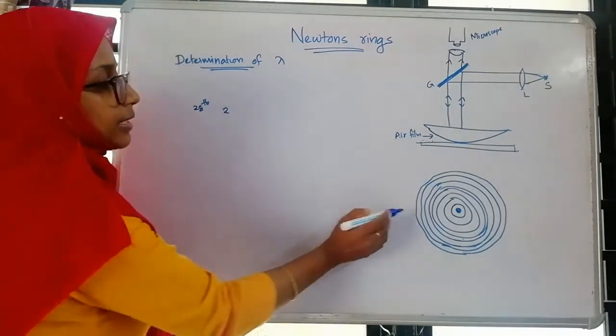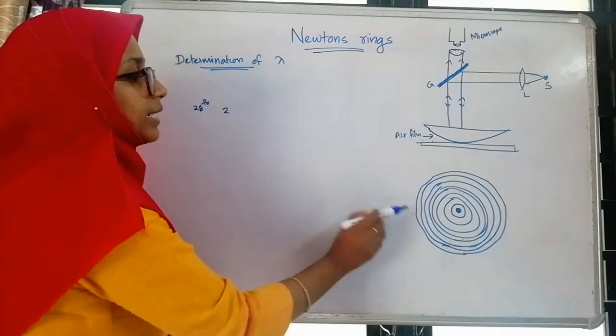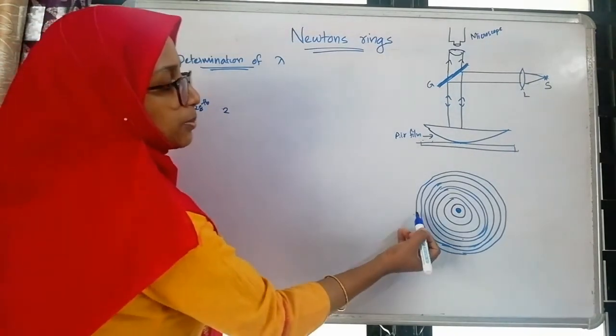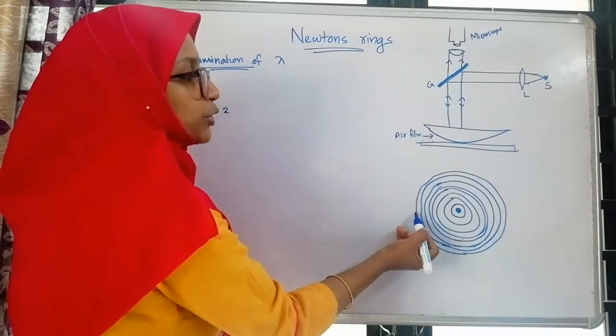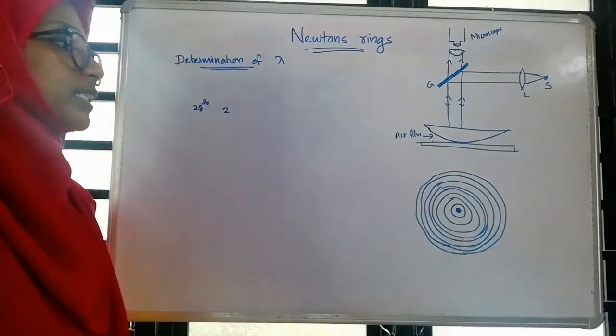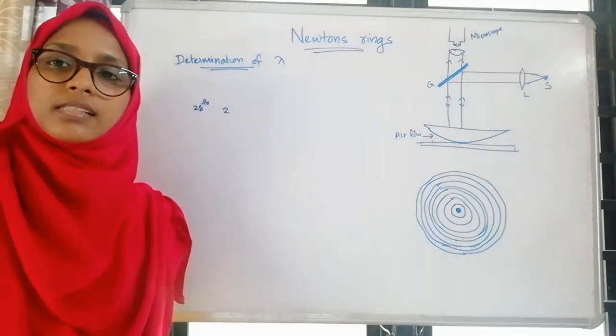The microscope is kept at the 28th dark ring, and it is to be moved to the right direction. Once it is moved from this 28th ring, it should be stopped at the ring at the right side, that is the 28th ring.